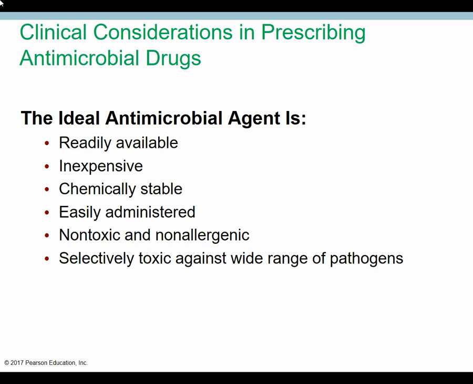It should be readily available, inexpensive, chemically stable, easily administered, non-toxic to the patient and non-allergenic to the patient, but selectively toxic against the pathogen that it's intended to kill. The problem is that some drugs can't meet all of these requirements. But this is the ideal list of characteristics for a drug.